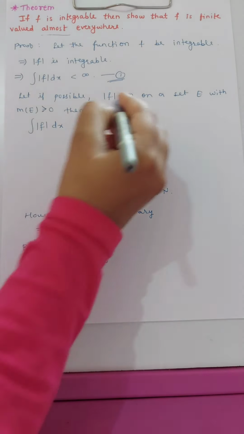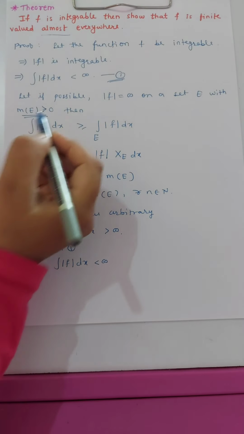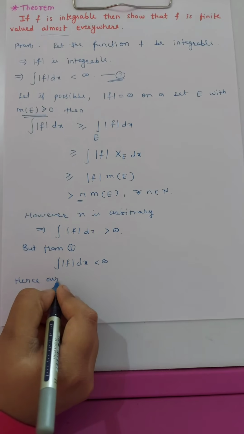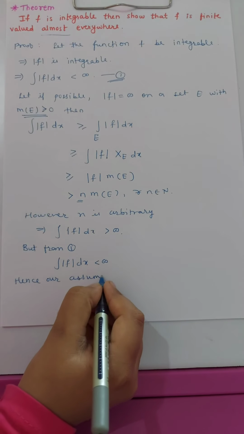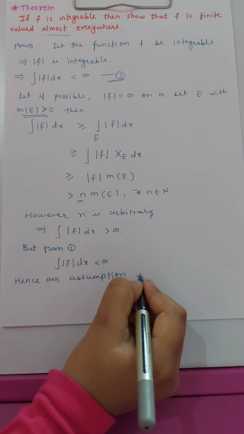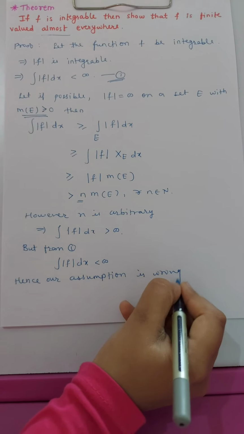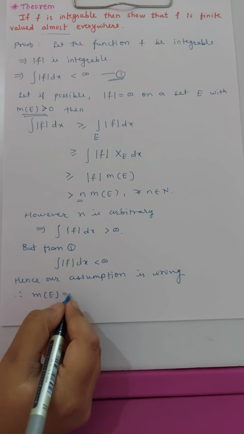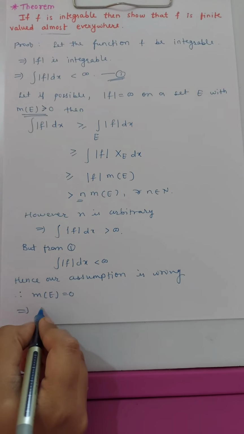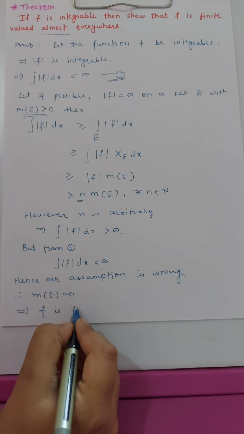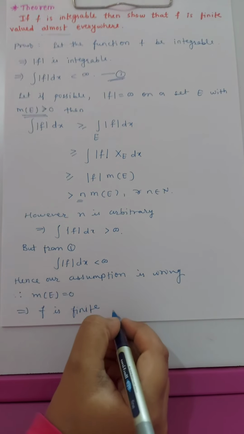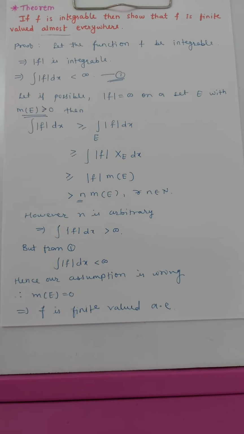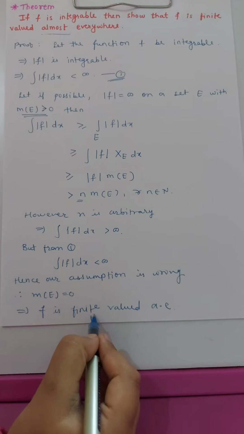Hence our assumption that the measure of set E is greater than 0 is wrong. Therefore measure of E is equal to 0. So this implies that f is finite valued almost everywhere. So hence the theorem is proved.